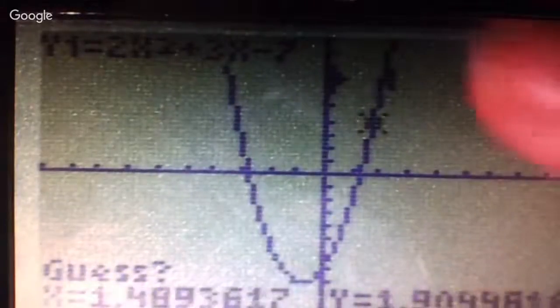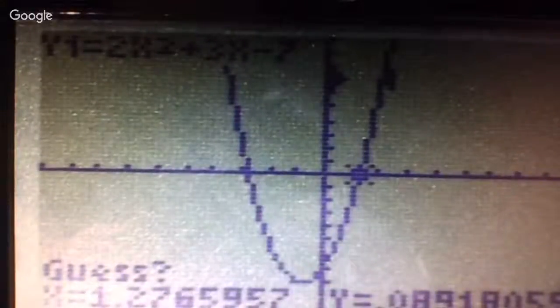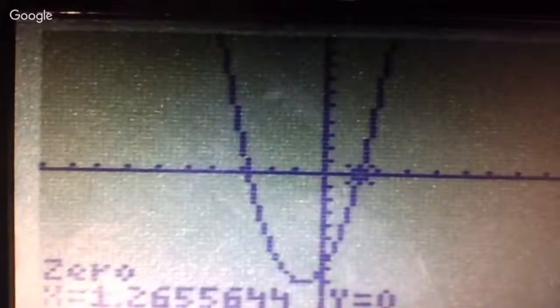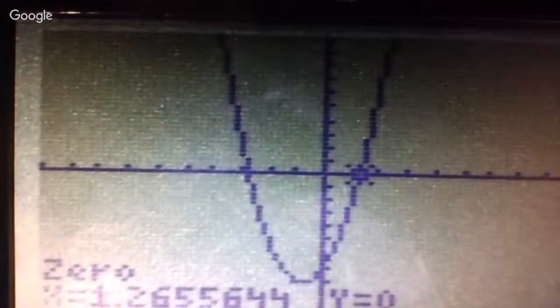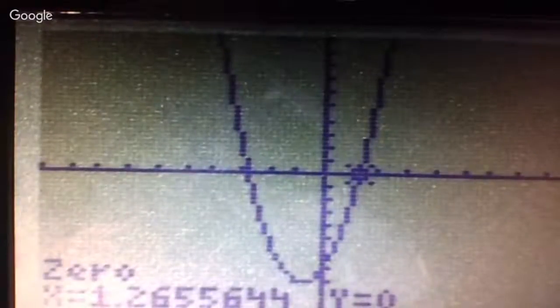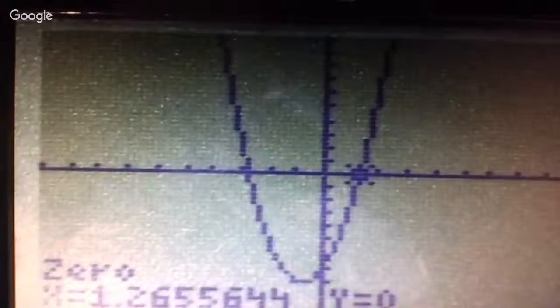Go back to it and hit enter. See, this one, my Y says 0. So it could work. It's all depending on how your calculator guesstimates it. It's like an estimate. 1.27.